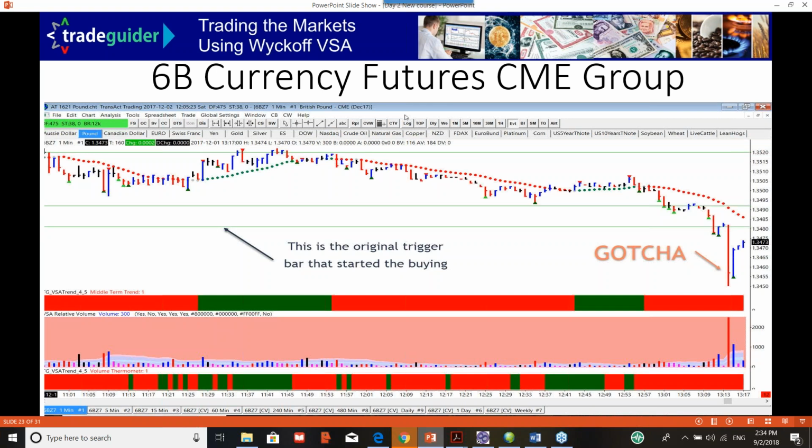But I do start with the weekly, then the daily, then the 4 hour, and I look to see if the 1 minute, 5 minute, 15 minute price action is near some of these areas that I've marked. And if it is, then I'm paying very close attention to those charts, just like the euro on Friday, where it was in a key area.